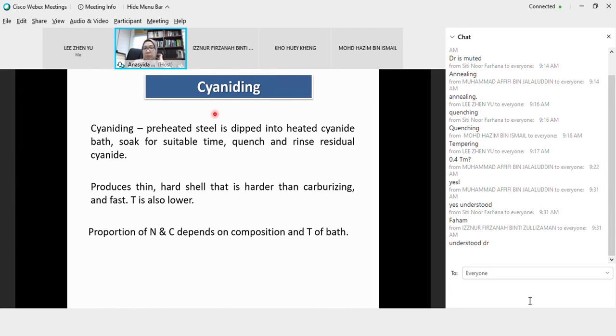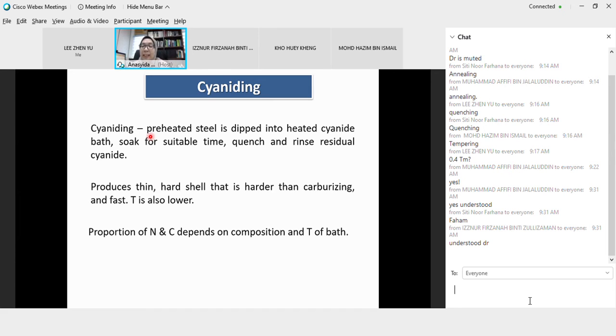Okay, the second method is cyaniding. So dia combine, dia ambil apa? Cyaniding apa? Nitrogen dengan carbon. So you must preheat a sample first. You kena preheat and you soak dalam. Okay. Sekejap ya. Lupa dah.